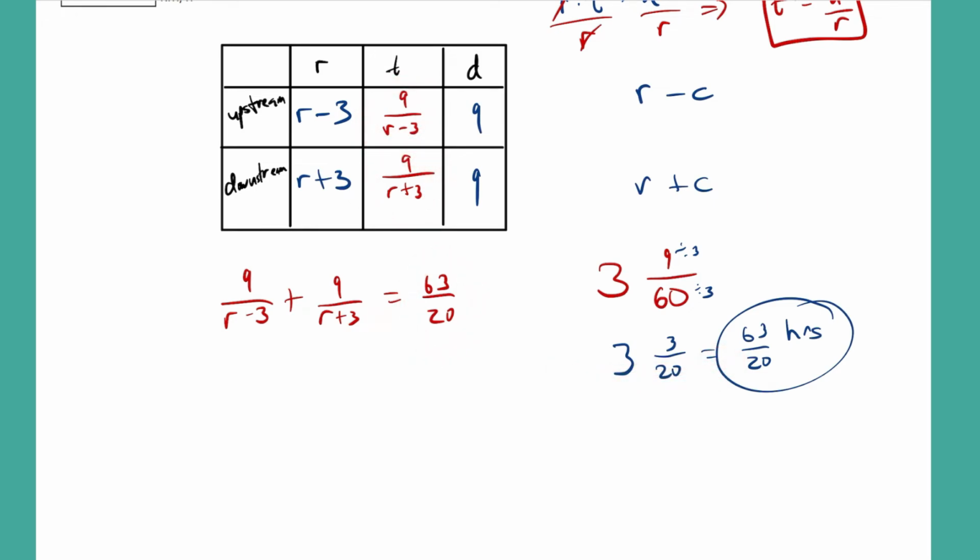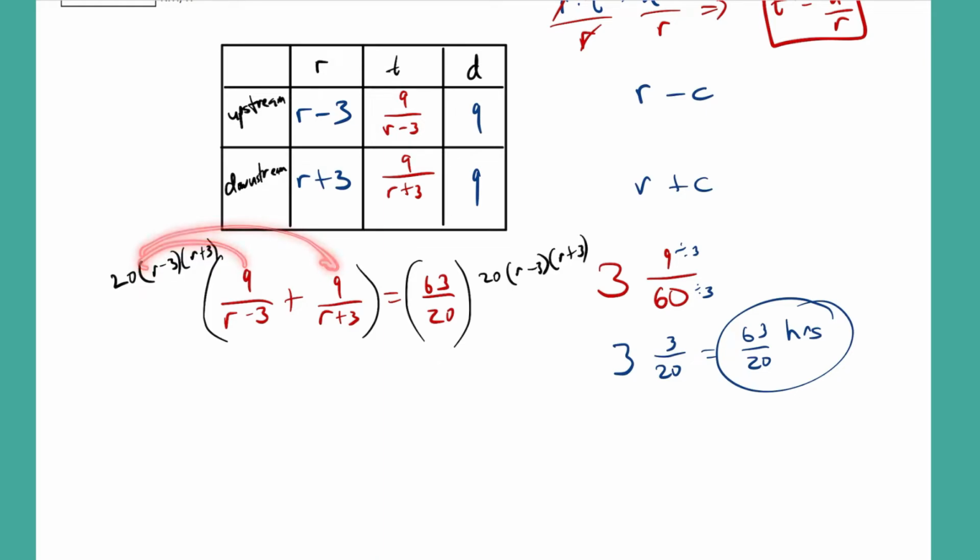Now, in order to solve this, we need to multiply both sides of the equation by the lowest common denominator, which is 20 times r minus 3 times r plus 3. Distribute. Here, these two factors will cancel. We'll be left with 20 times 9 times r plus 3, which is 180 times r plus 3. For the next one, these two cancel.